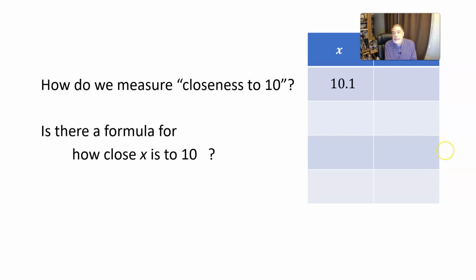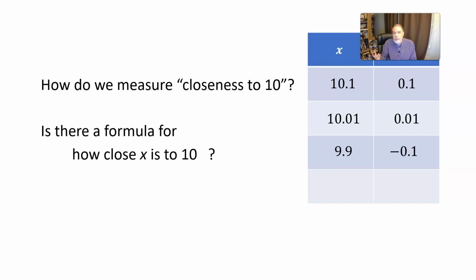So if x is 10.1, x minus 10 would be 0.1. So that's how far 10.1 is away from 10. If x is 10.01, then x minus 10 would be 0.01. That's how far that number is away from 10. If x is something less than 10, like 9.9, then x minus 10 is going to come out negative.